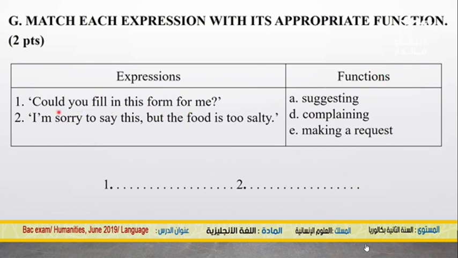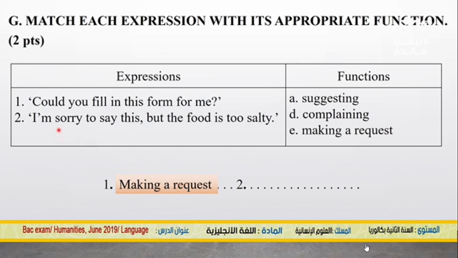So number 1, we have, could you fill in this form for me? What does this expression express? Does it express suggesting, complaining, or making a request? And the correct answer, of course, is making a request. Very good.